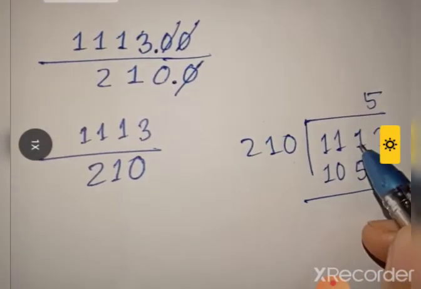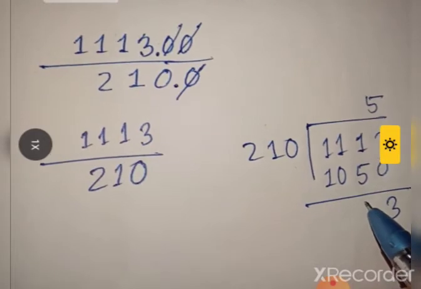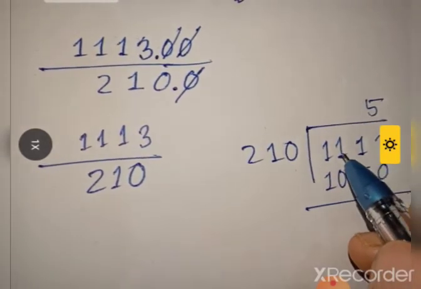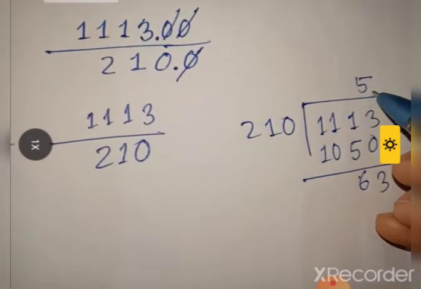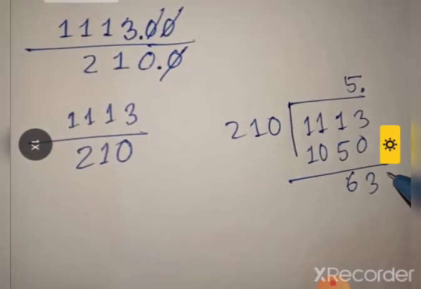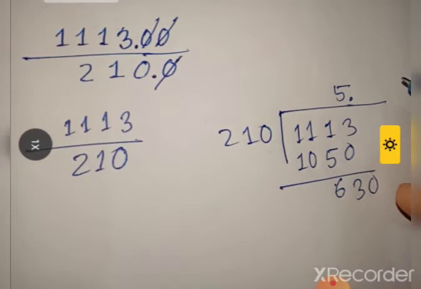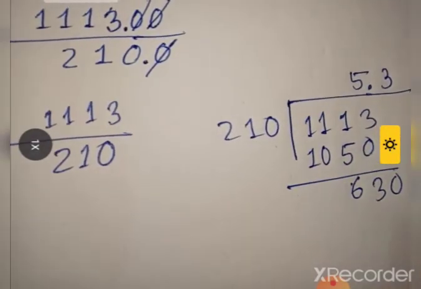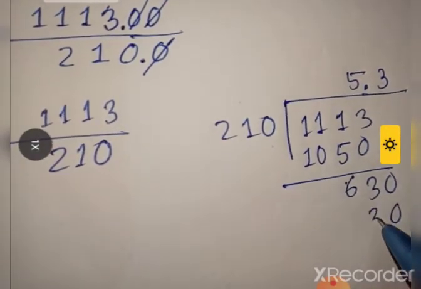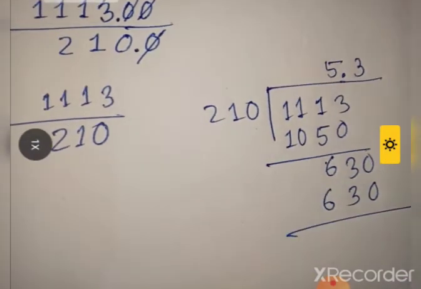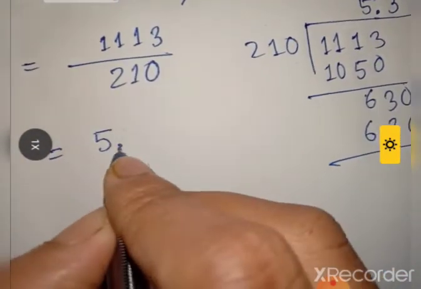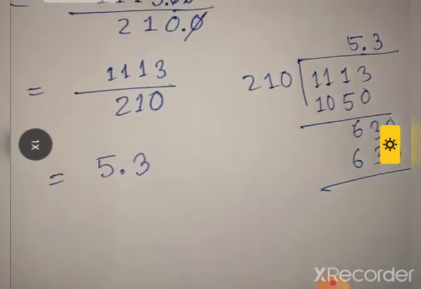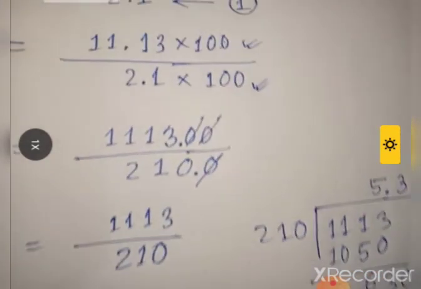So 3, 11 minus 5 is 6, here 0. Now here also you can put the decimal. So 630, you can give 3: 3 times 0 is 0, 3 times 1 is 3, 3 times 2 is 6. Okay, so the answer will be 5.3. Okay, understand?